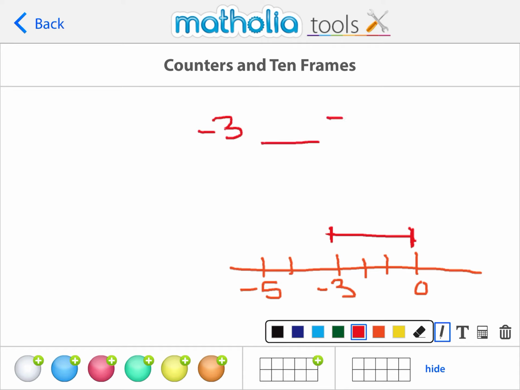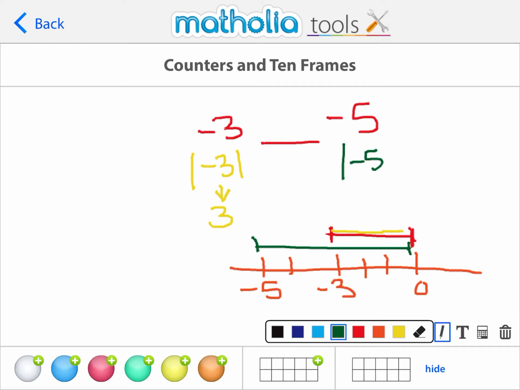When we're supposed to compare negative numbers, we can look for the absolute value of those numbers to decide which is actually larger or smaller. So the absolute value of -3 is, we could count 1, 2, 3 spaces, and the absolute value of -5 is 5 spaces.